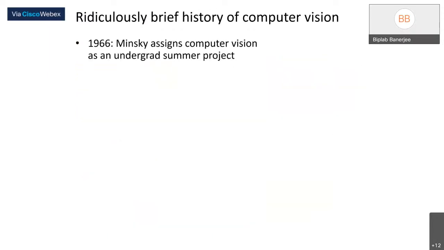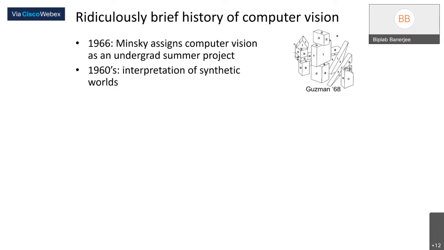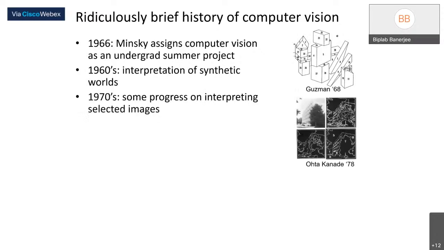If we look into the history, traditional computer vision research started around 1960-66, when Minsky, a student, took a summer project in the computer vision area. After that, people started dealing with visual data and with the problem of object recognition, for example, geometric shapes.